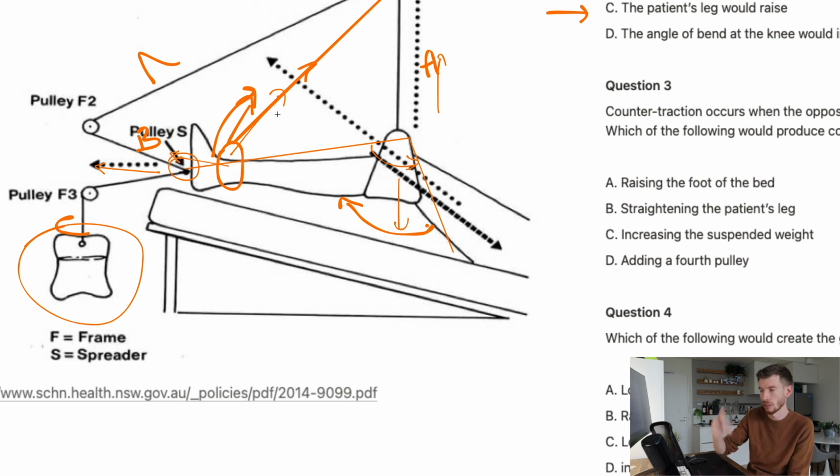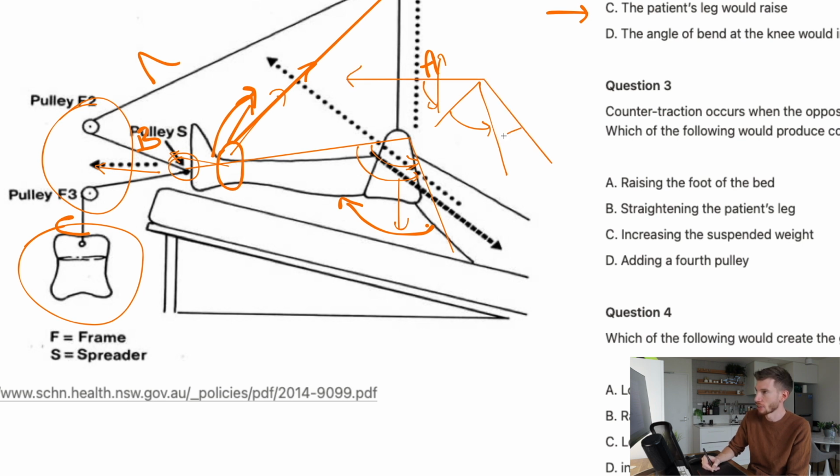It'll actually crease the knee further because although we've got more weight pulling the ankle up as we predicted there, that's not actually going to straighten the leg because you've got another set of fixed pulleys over here keeping the foot roughly strapped to the bed almost. And so instead what you're going to get is just a raising of the knee and a decrease in this angle. So if we exaggerate it, it'll go like that from originally going like that, right? And so you can see that angle has decreased inwards.